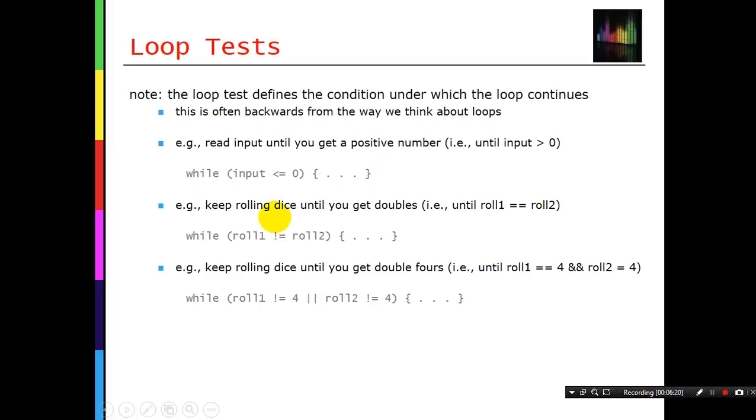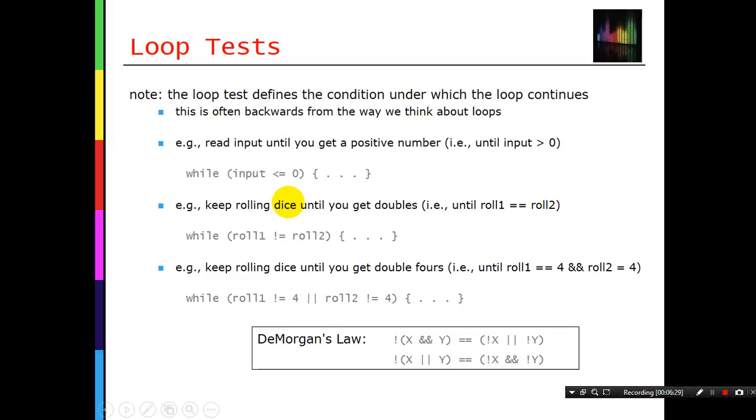Or, for example, we keep rolling the dice until we get doubles. So we say while roll 1 not equal to roll 2. Or we could say keep rolling the dice until you get double 4s. And it's important to remember De Morgan's law.